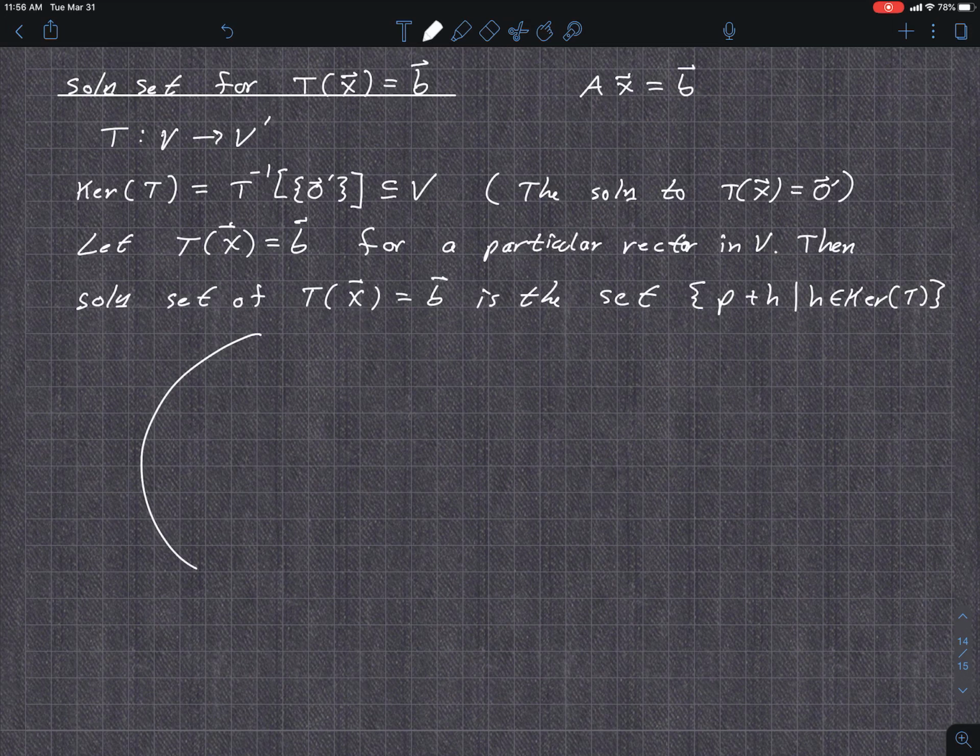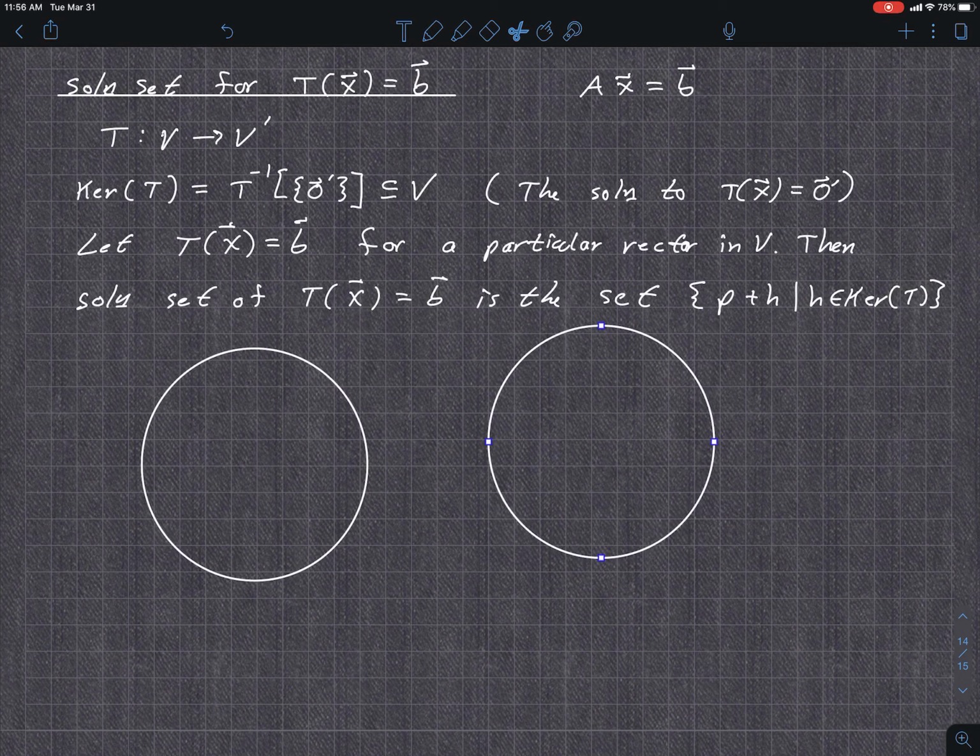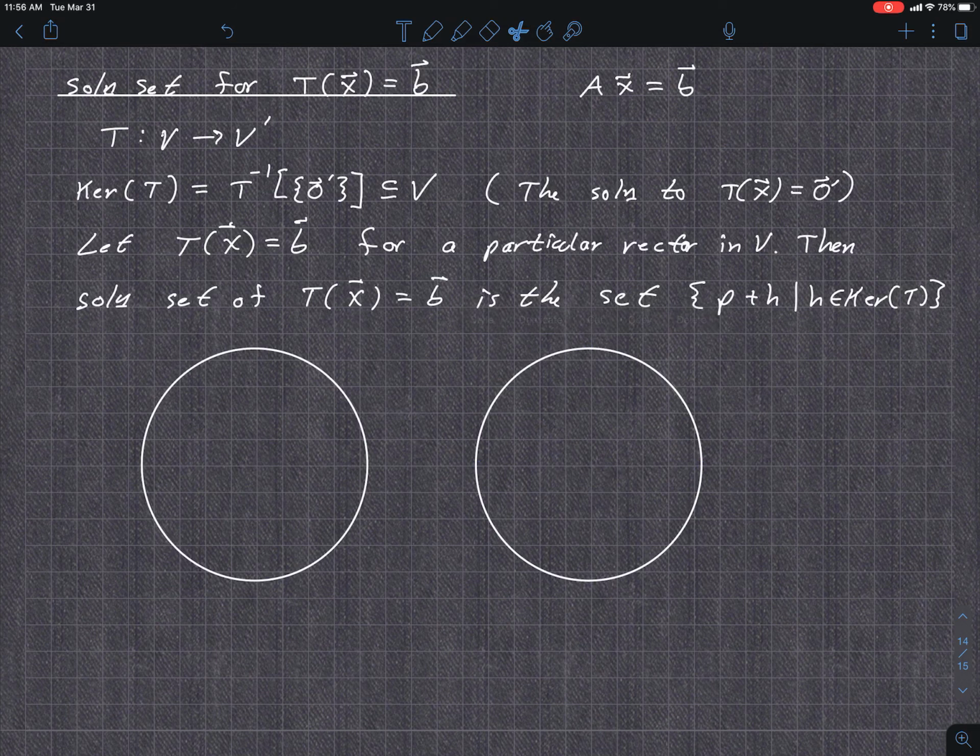So let's take a look at a diagram of that. Let's draw in our circles, just copy that. So it's the same size. So we go from V to V prime, and then we have our transformation T. So just in general, we have V mapping to V prime, so you have that type of mapping.